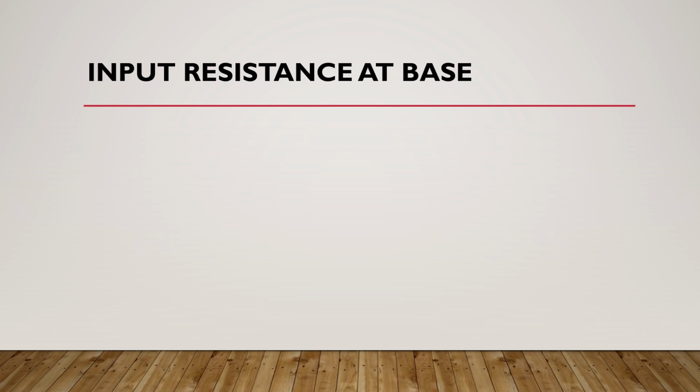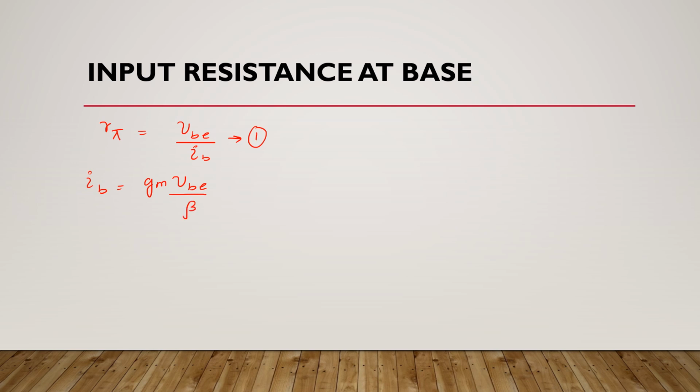The small signal input resistance between base and emitter is denoted by r pi, and it is defined as vBE divided by iB. This is equation number 1. From our last slide, we know that small signal base current is equal to gm vBE divided by beta.